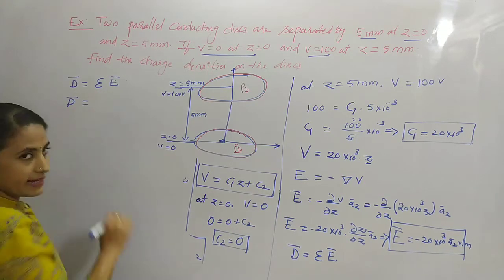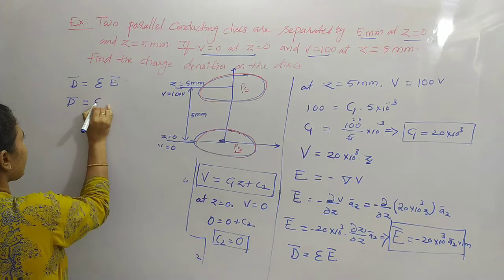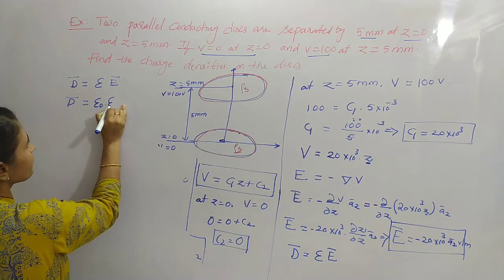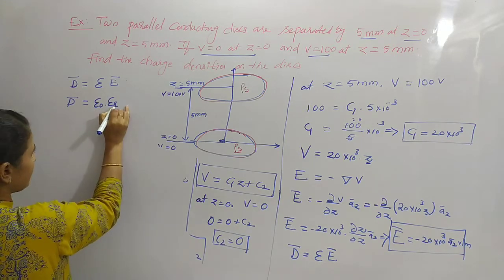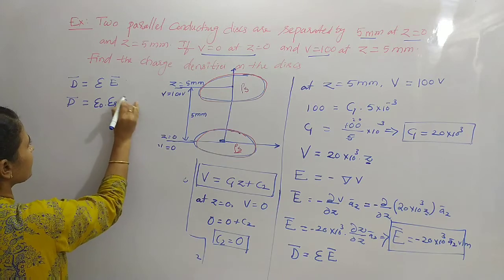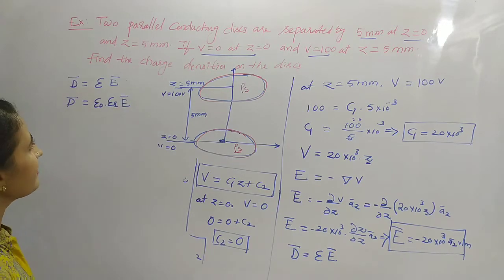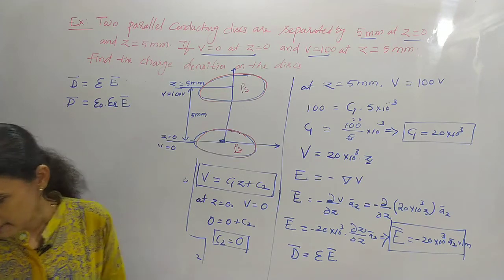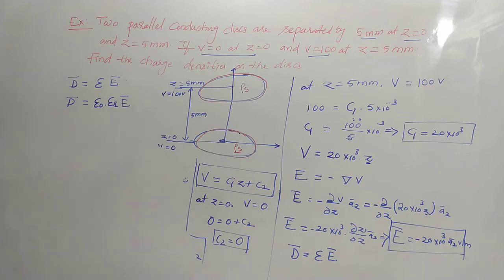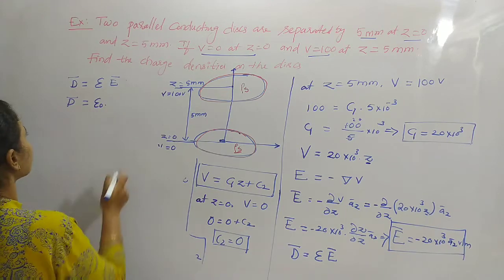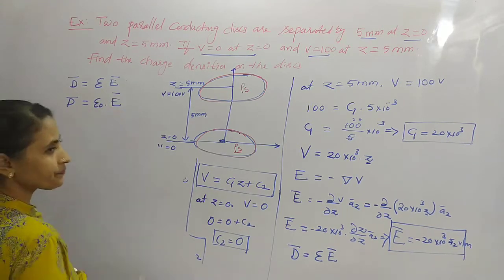D bar is written as epsilon into E bar. What is epsilon? I can write epsilon naught into epsilon R, the relative permittivity, into E bar. But it is given in free space. Both the discs are placed in free space. So there won't be any epsilon R, relative permittivity. So it is epsilon naught into E bar only.